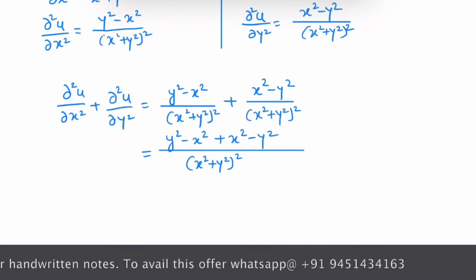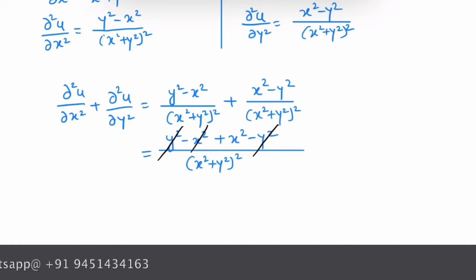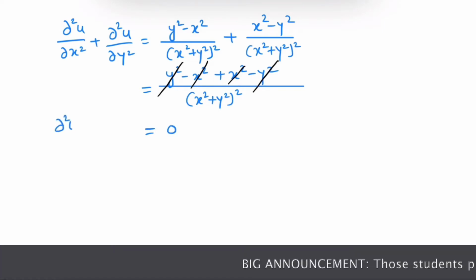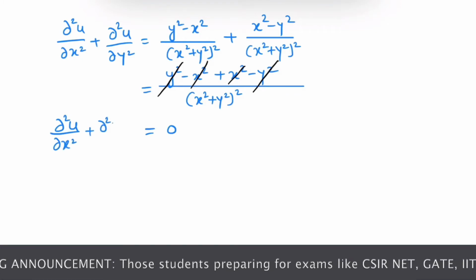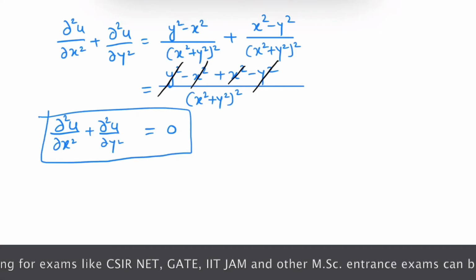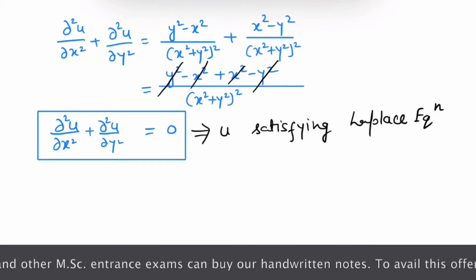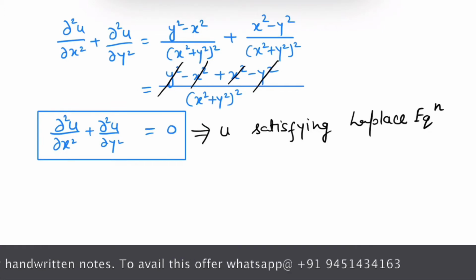We can see that y square cancels out and x square cancels out, so the right hand side is 0. So del square u over del x square plus del square u over del y square equals 0, and this is the Laplace equation. Hence function u is harmonic in the plane C minus 0.